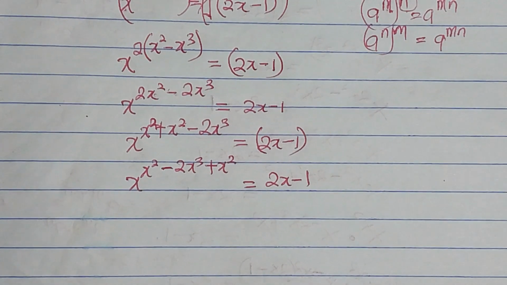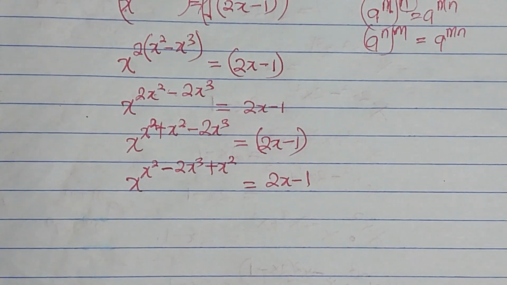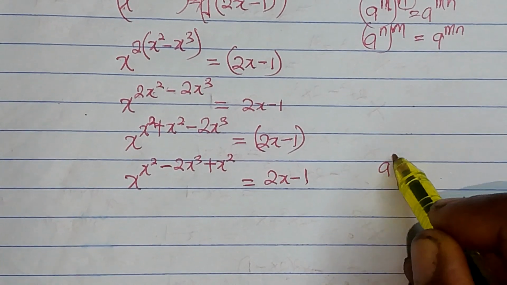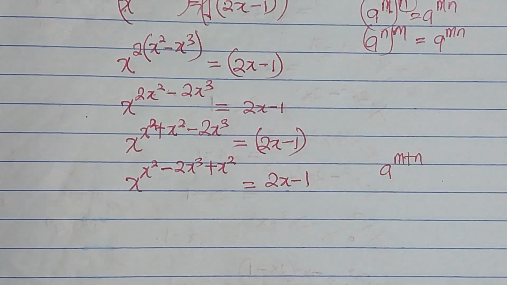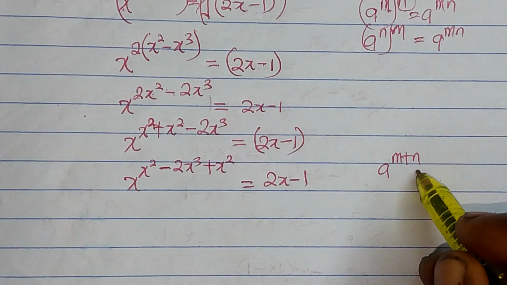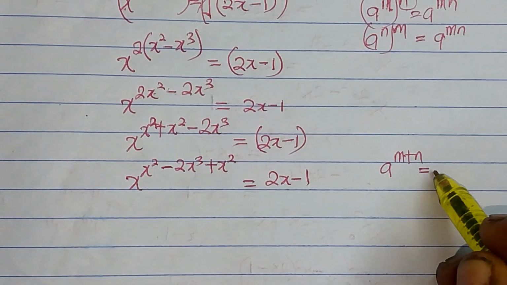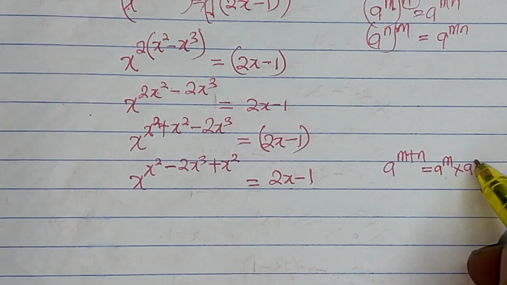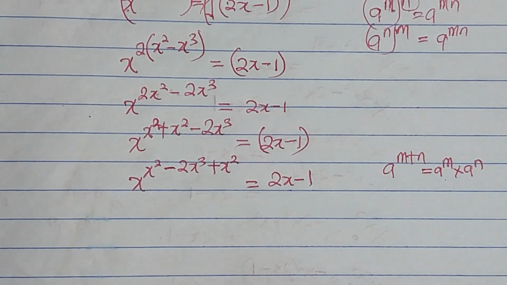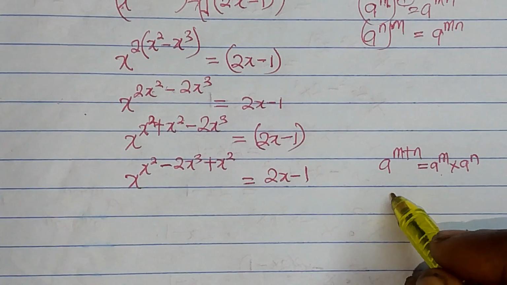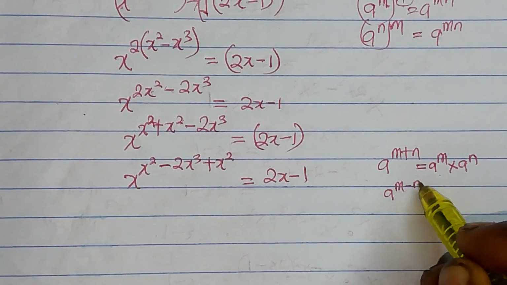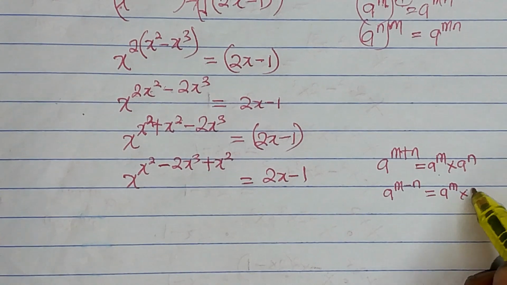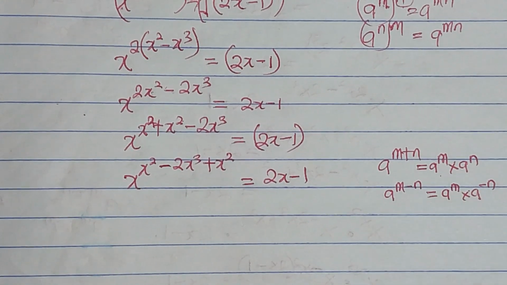Now we have to apply the law of indices. If we have a to the power of m plus n, which is the addition law of indices, this is the same thing as a to the power of m multiplying a to the power of n. As well, if we have a to the power of m minus n, then we are having a to the power of m multiplying a to the power of minus n.